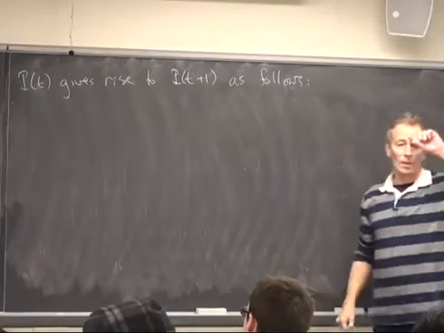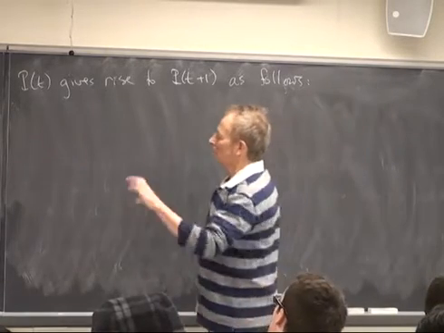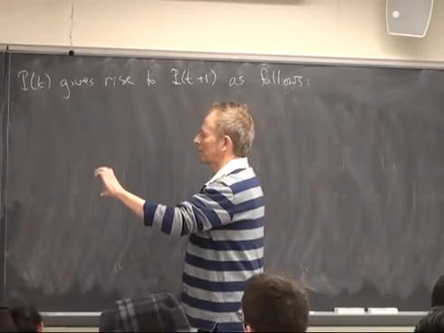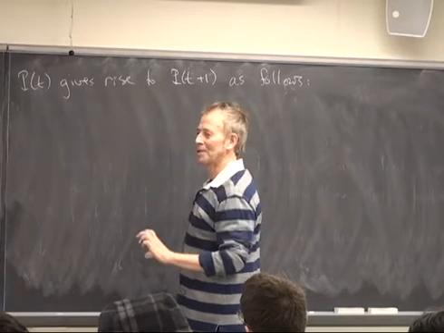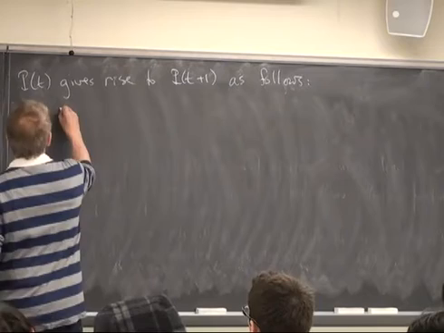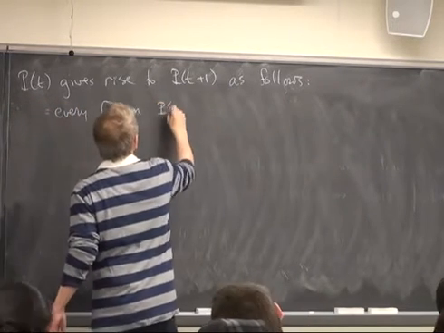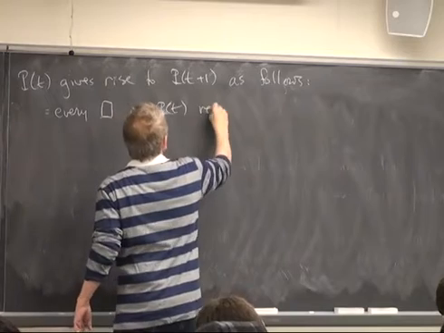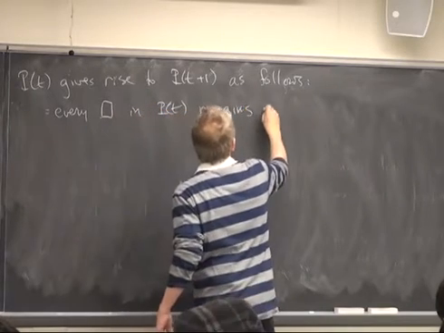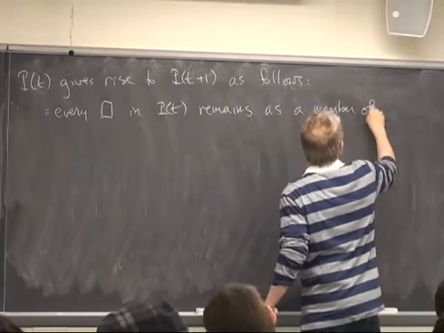Okay? If there's a box in the population, that box persists to the next population. Dead bodies don't disappear. So every box in P of t remains as a member of P of t plus 1.